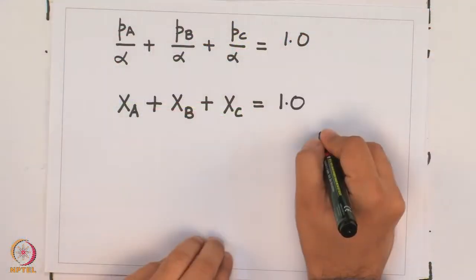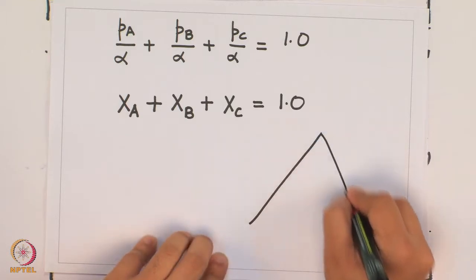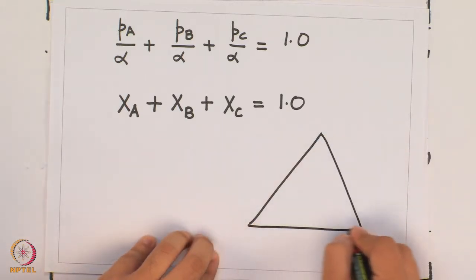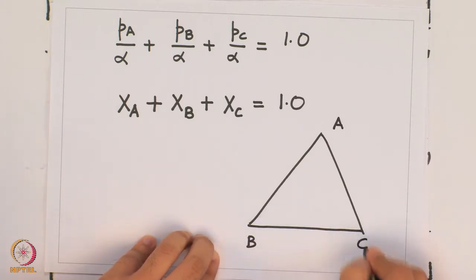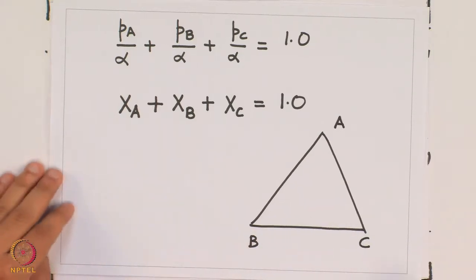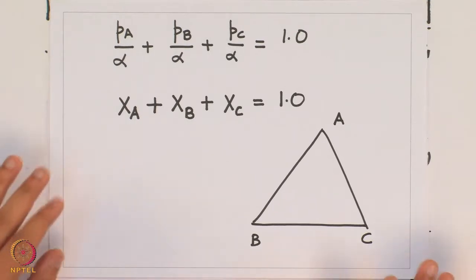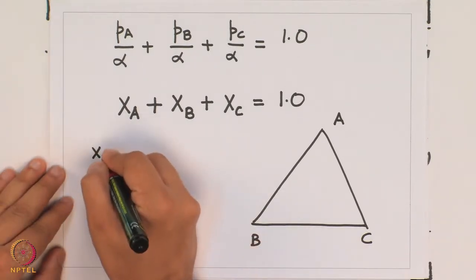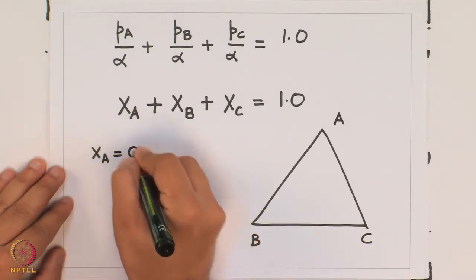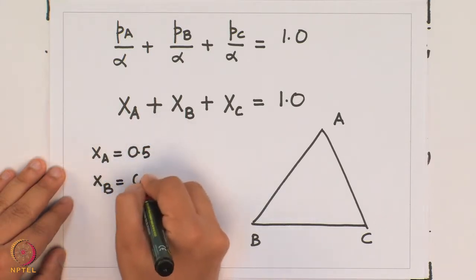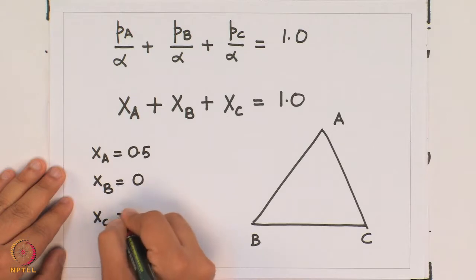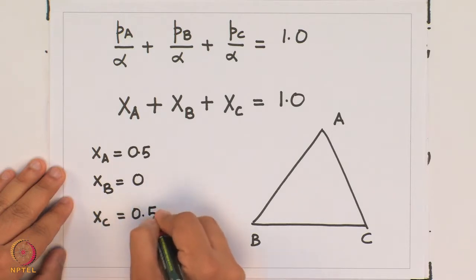Suppose I want to represent in this triangle a composition of an environment such that XA is equal to 0.5, XB is equal to 0 and XC is equal to 0.5.